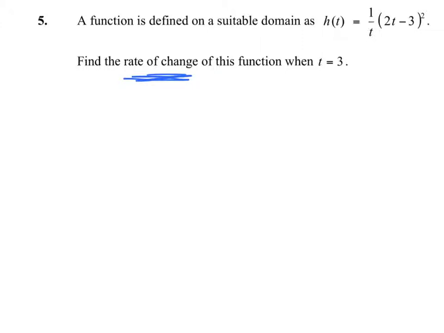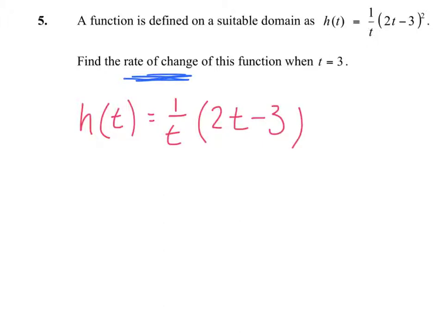So what we need to do first of all is prepare what we have for differentiation. So we'll just write down what we have first of all. We have h of t equals 1 over t, bracket 2t minus 3, all squared. So to prepare this for differentiation, we'll first of all multiply out the squared bracket.